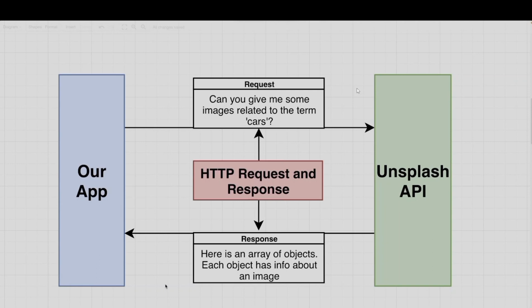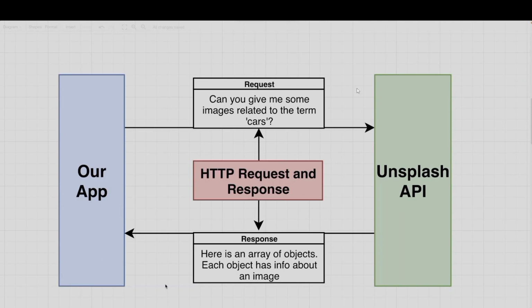What does this mean? So this means that whenever we post request to return us images related to cars, Unsplash API is going to give us an array of objects in which each object will have information about image, like the description of image, the link of image, that from which website it is taken, and quality of image, and many more things, and we will learn them further in the lecture or in the other lectures.